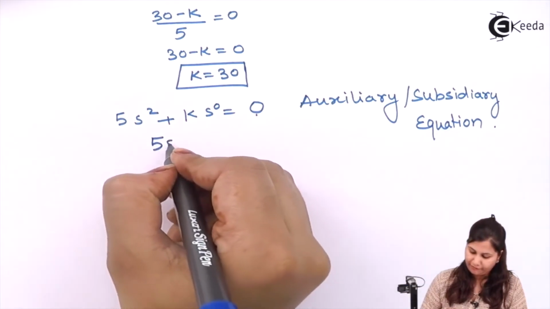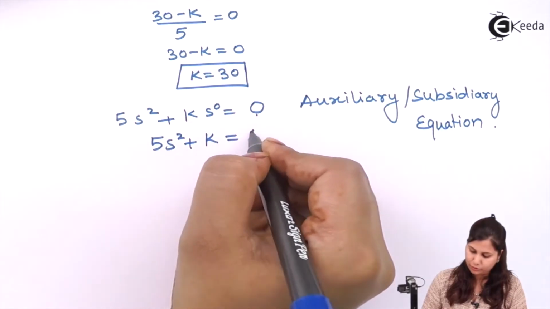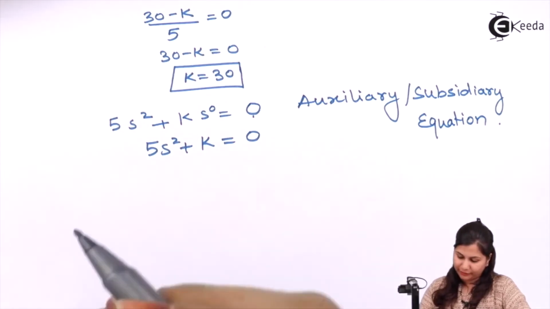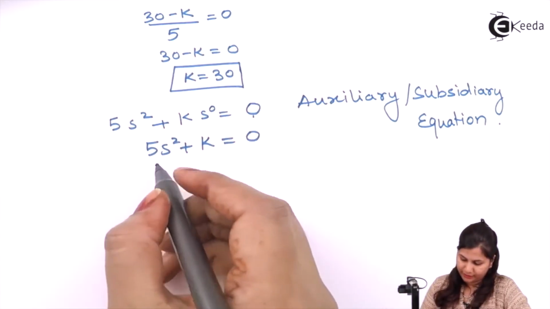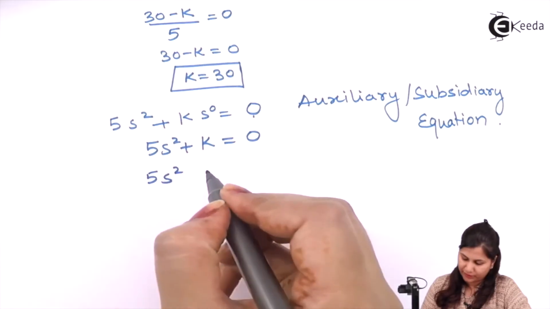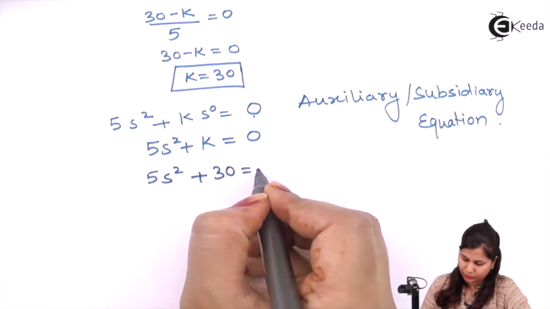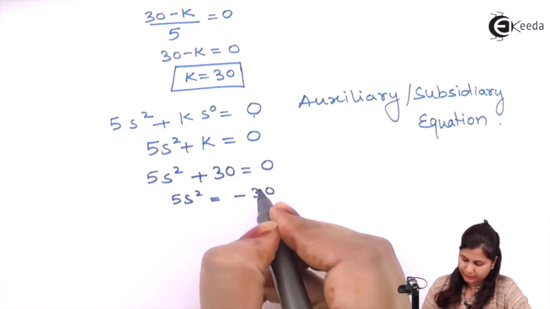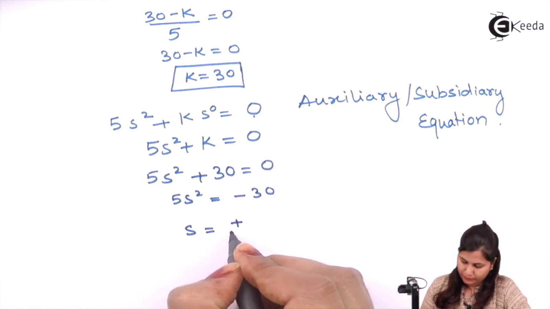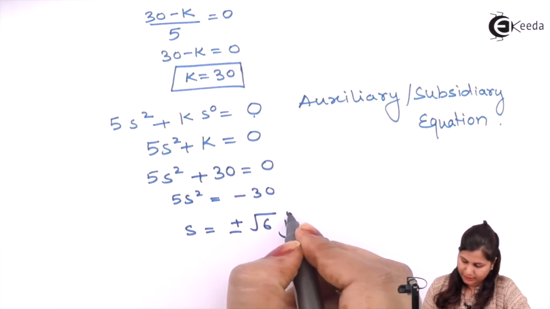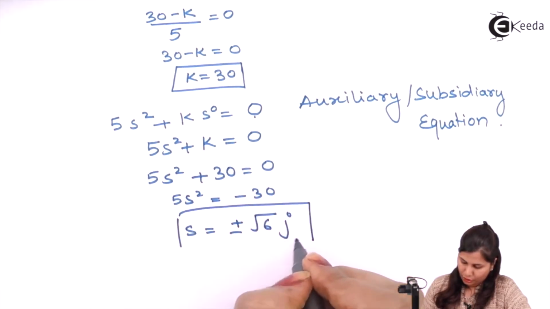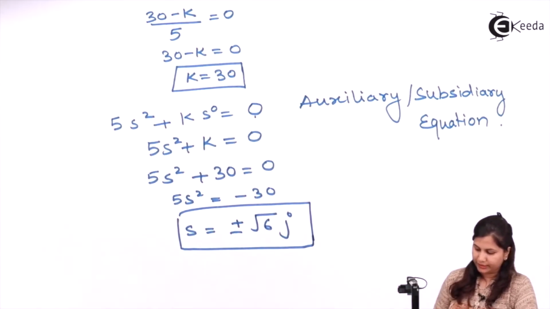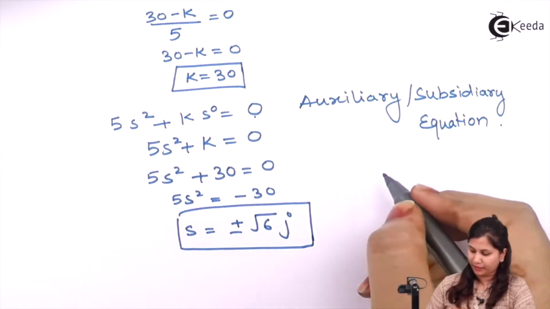So this will be 5s square plus k equals 0. S to the power 0 is 1. So putting here the value of k as 30, we will get 5s square plus 30 equals 0. So 5s square equals minus 30 and s will be equal to plus minus root 6 j.